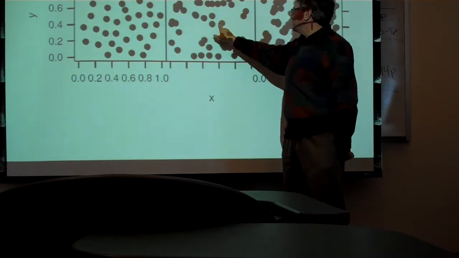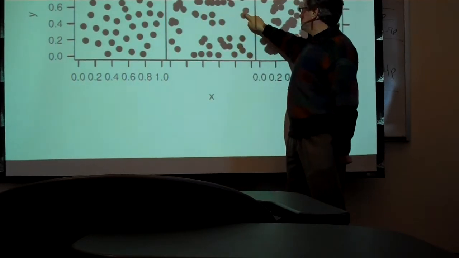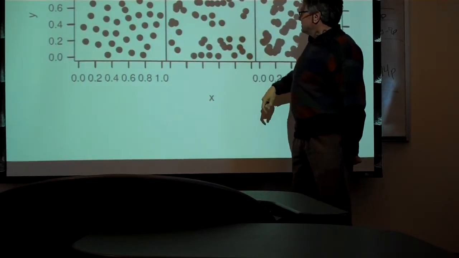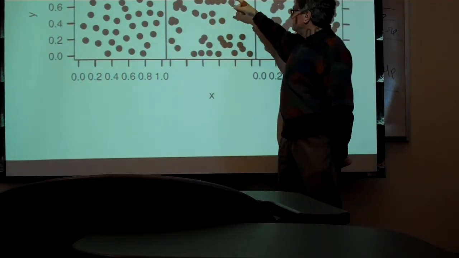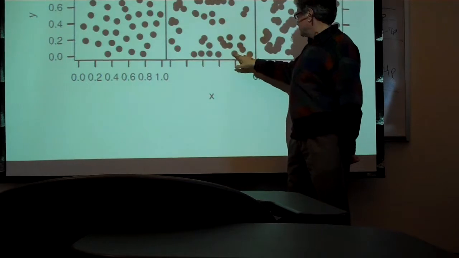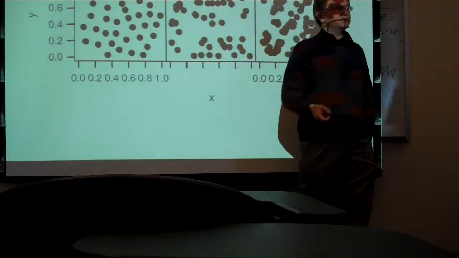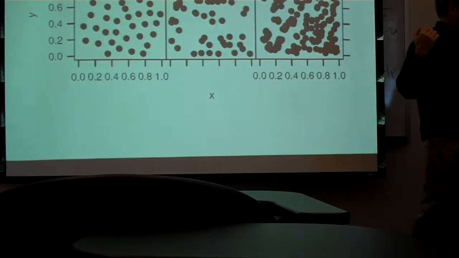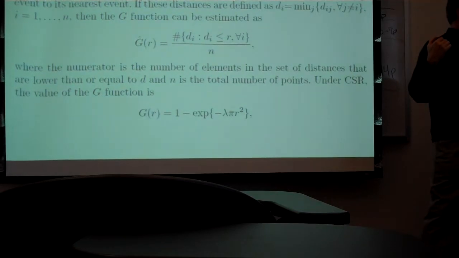For this point it would be that distance, for this point that distance, and so forth. So we generate a distribution of these G's.